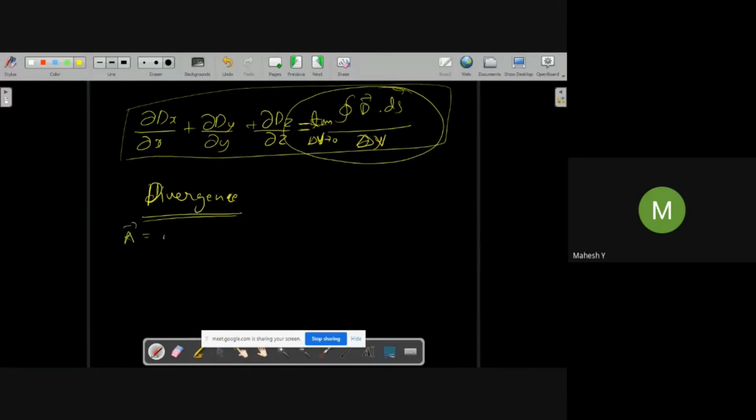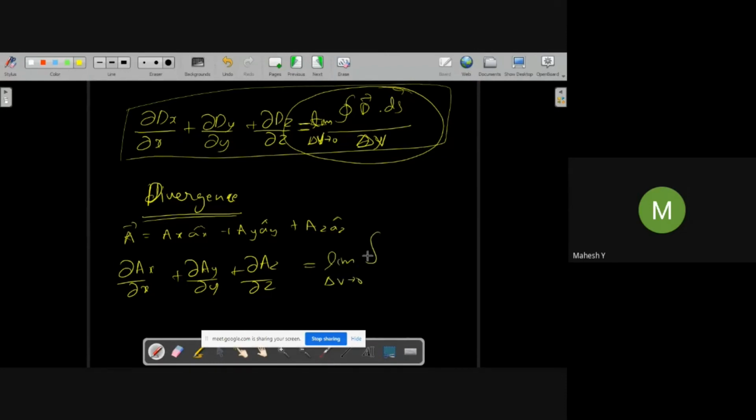For a vector A equal to Ax a_x plus Ay a_y plus Az a_z, this expression becomes ∂Ax/∂x plus ∂Ay/∂y plus ∂Az/∂z, which is nothing but limit Δv tends to 0, closed integral A dot dS, which is nothing but the flux of the vector divided by Δv.